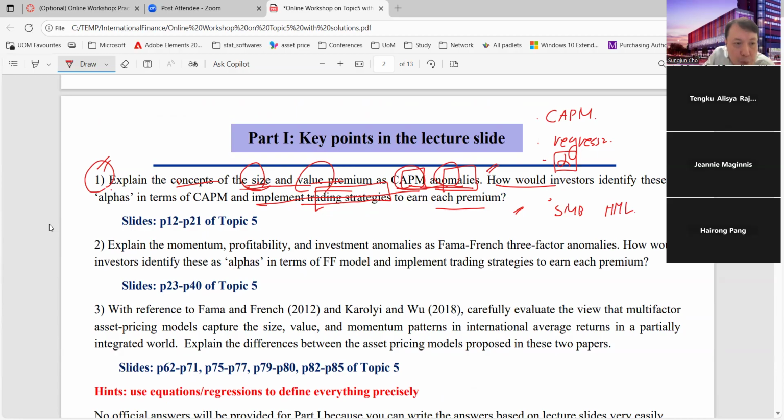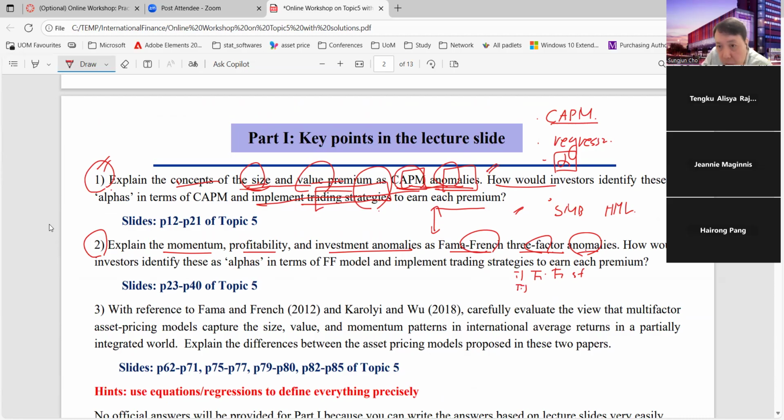Number two, explain the momentum, profitability, and investment anomaly as a Fama-French three-factor anomaly. Now, we are using the Fama-French three-factor model, and we need to define what is the meaning of Fama-French three-factor anomaly. Let me use the same method I used in question one. You need to first define what is the meaning of the Fama-French three-factor model, just like you first know the meaning of CAPM.